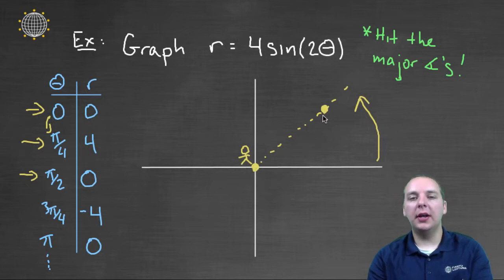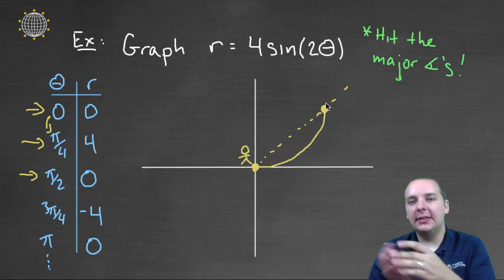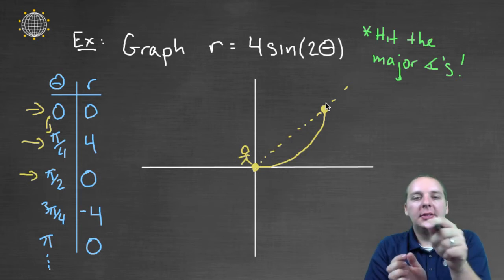But we don't go in a straight line. He increases to this R value as he turns. So I hope this is clear when I draw this picture here, but this picture would actually look like this. It would actually be arced, because as he's turning, the R value is increasing.